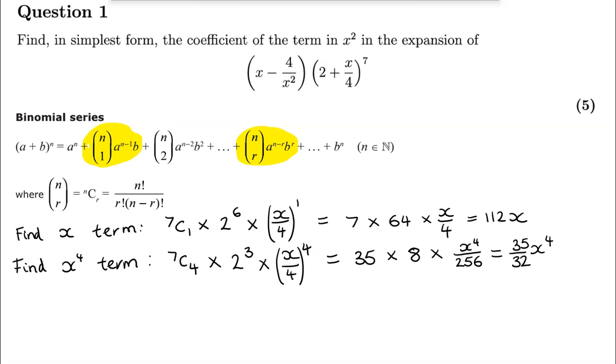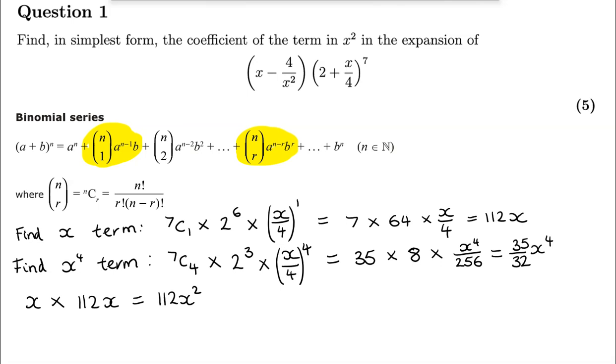Okay, so we're just going to take the x from the first bracket, and then from the second bracket, I want to look at the x term there. So I take that x, times it by 112x, and I get 112x squared.